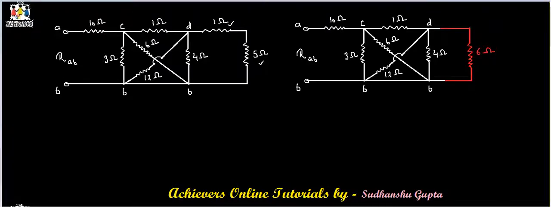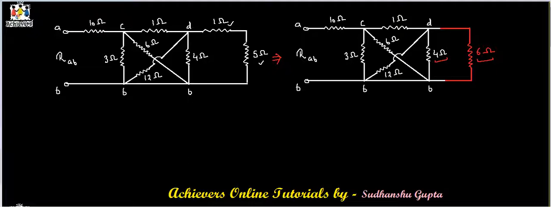So if we replace these two resistances by a 6 ohm resistance and redraw the circuit, we get a circuit like this. Now we can again see that this 4 ohm and 6 ohm resistances are connected in parallel.